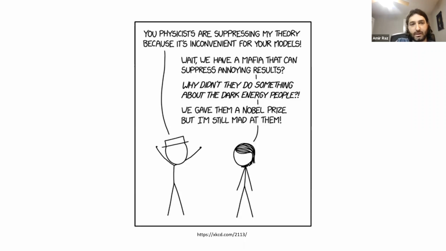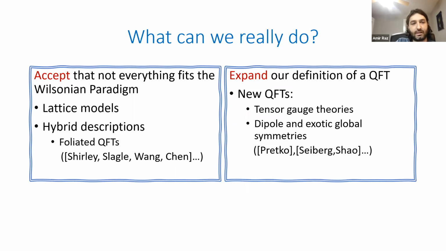But really what we can do is one of two things. It's either accept that not everything fits into this paradigm, and so focus on the lattice models and keep finding new exotic, exactly solvable models, or maybe come up with some hybrid descriptions that fuse quantum field theory and a little bit of lattice structure, something like a foliated quantum field theory, where you have quantum field theory foliated in space.